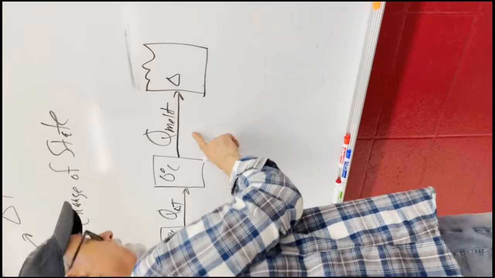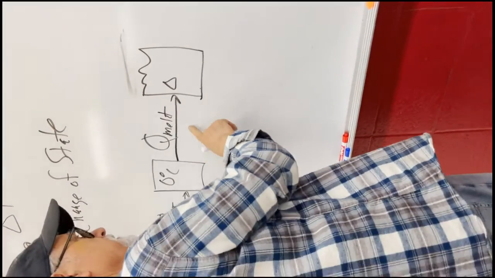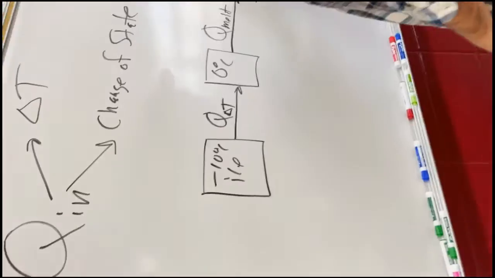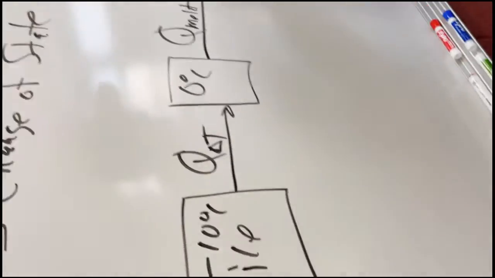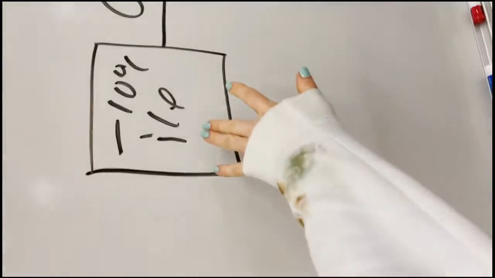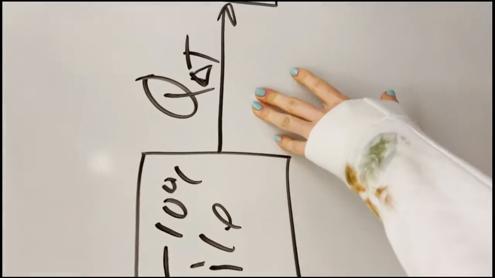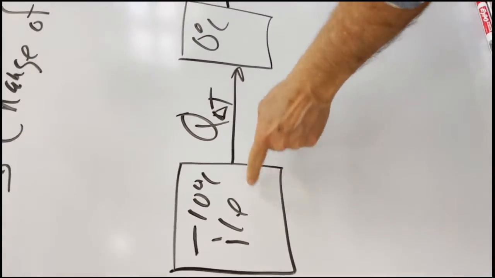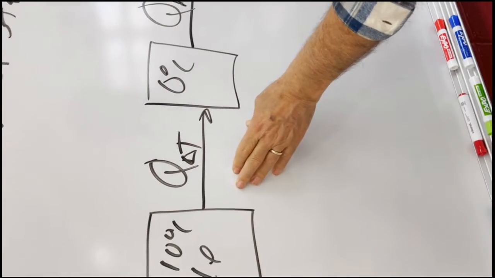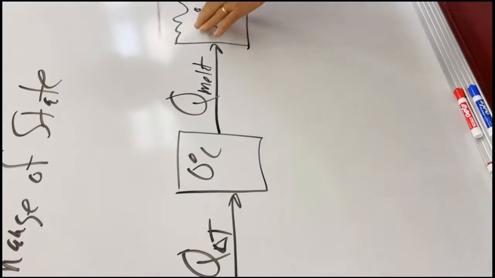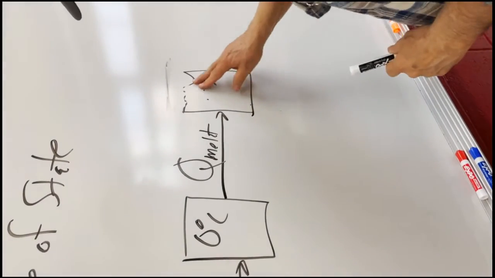To bring it up, to change the temperature, to go from minus 10 to 0, you have to put heat in it. Once you get to 0 degrees, any heat you put in starts to melt it.